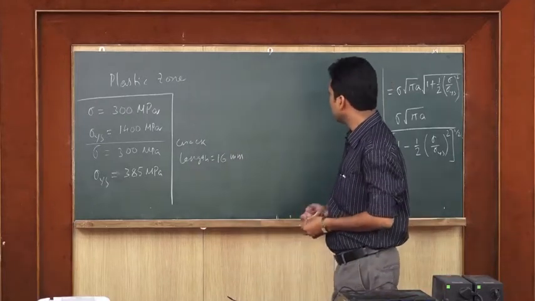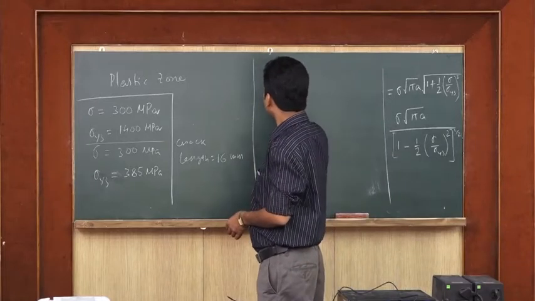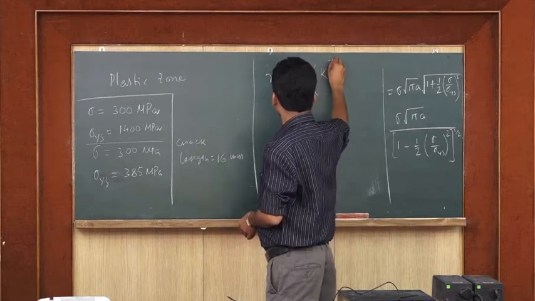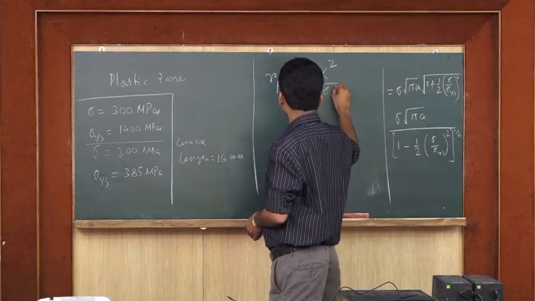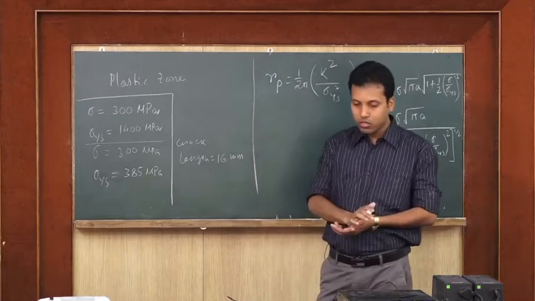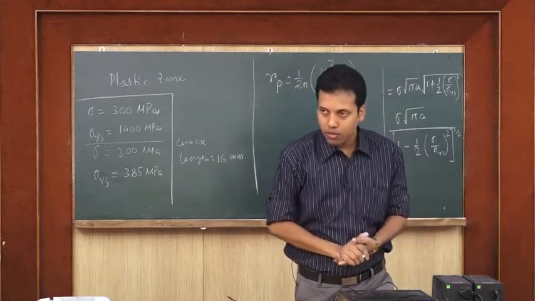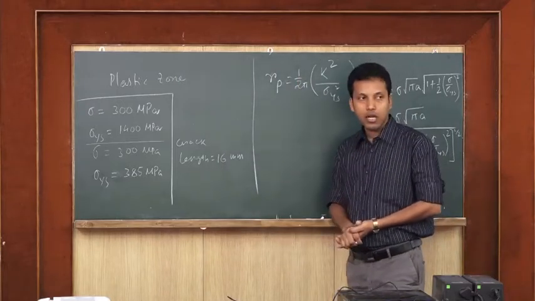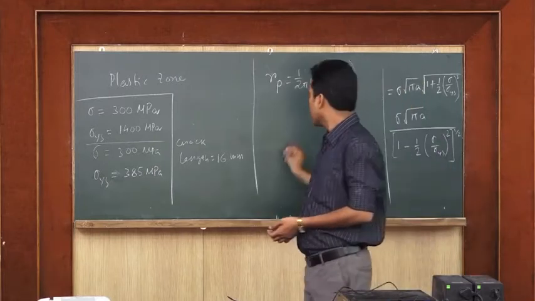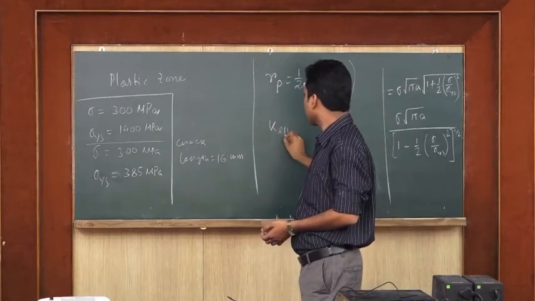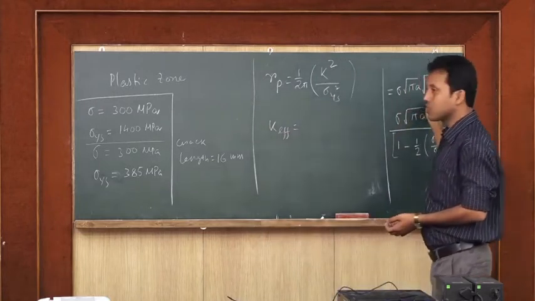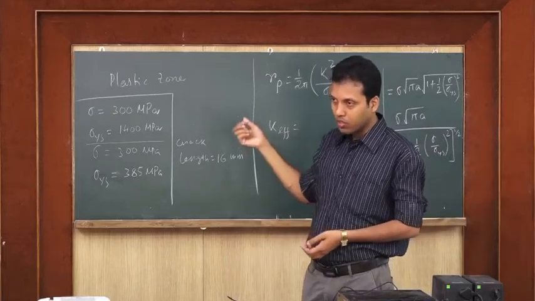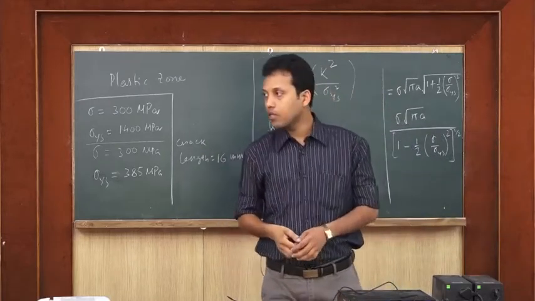So we know that RP equals 1 by 2 pi K square by sigma ys square, and this K again I know is sigma root pi a. So K square is sigma square pi a. So put that in and estimate what RP is, and then find out what K effective is. The K effective expression is already given here. You only have to put the data for both the conditions of yield strength of the material.